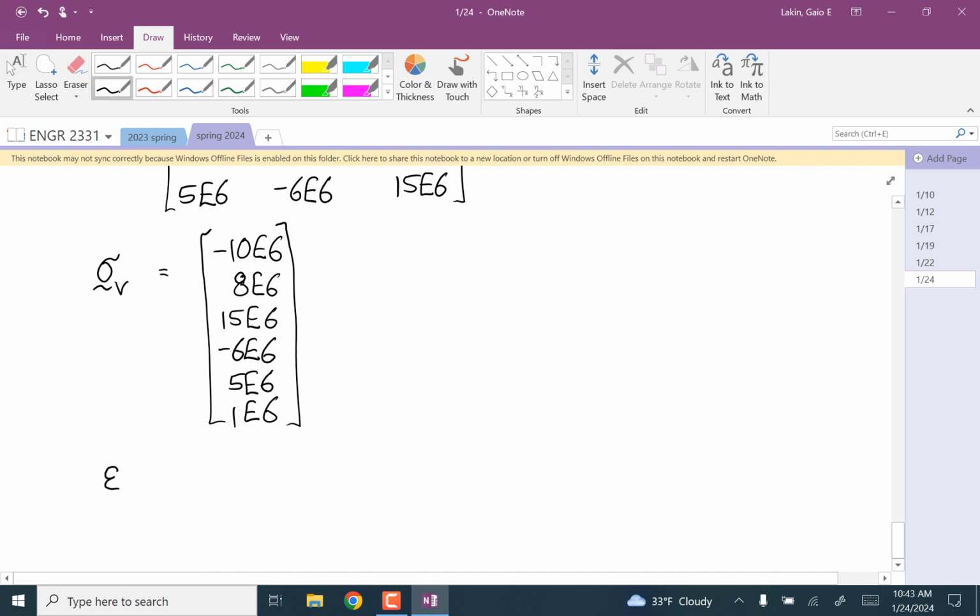The Voigt strain then is just going to be that matrix that your program defined times this thing.